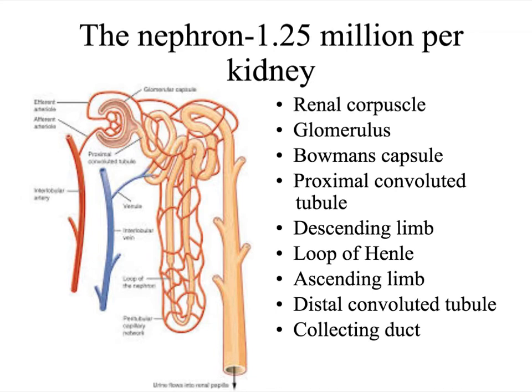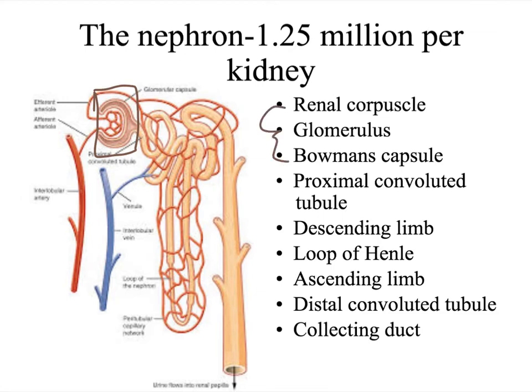million per kidney. So some things that you'll need to know, and we typically draw these out more simplistically so they're easier to follow. But the first thing is a renal corpuscle is going to be this entire section right here. So you can divide this out as a renal corpuscle, and you'll see that it's going to contain 2 things, the glomerulus and Bowman's capsule.